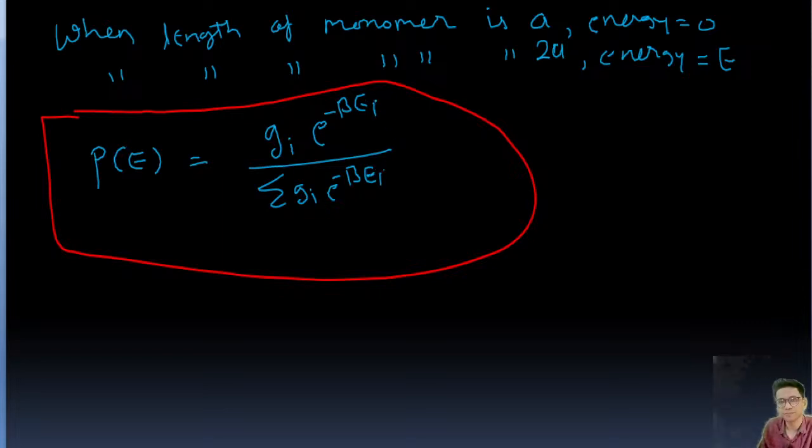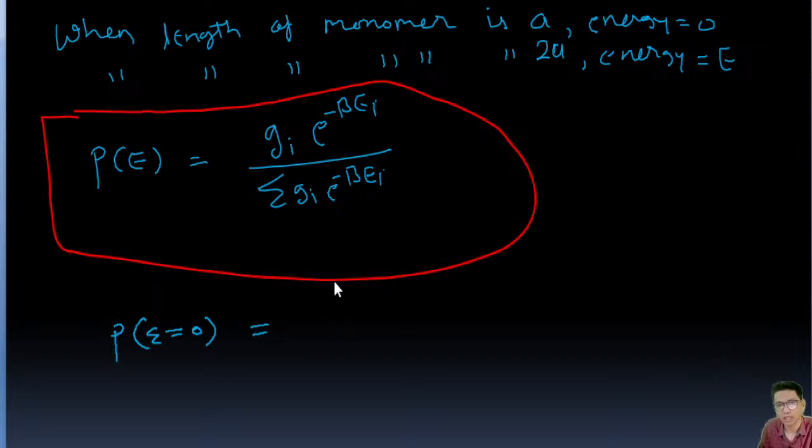Now we will find first the probability of the monomer which contributes zero energy.